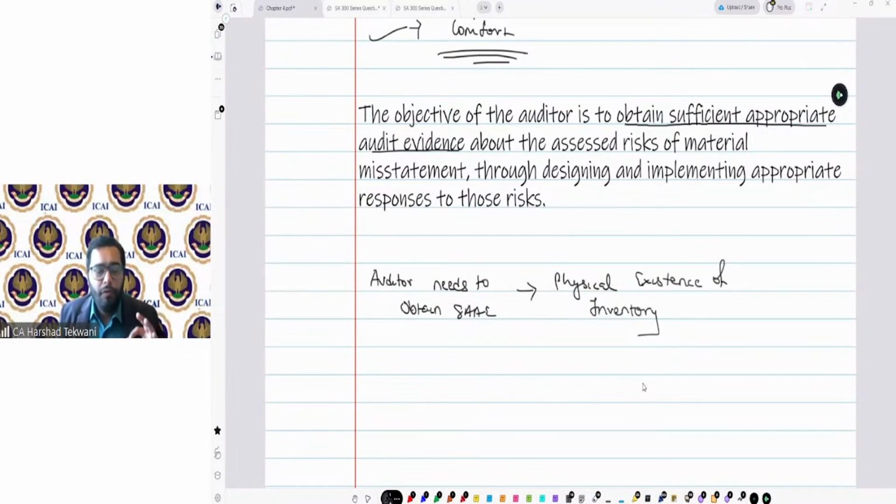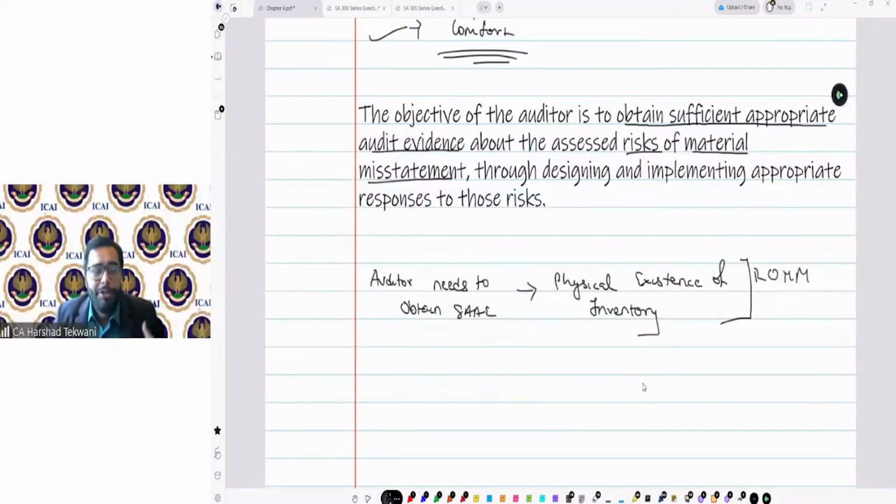Physical existence of inventory is a risk of material misstatement, namely the risk that the inventory might not be physically available or present. So this is a risk of material misstatement for me.